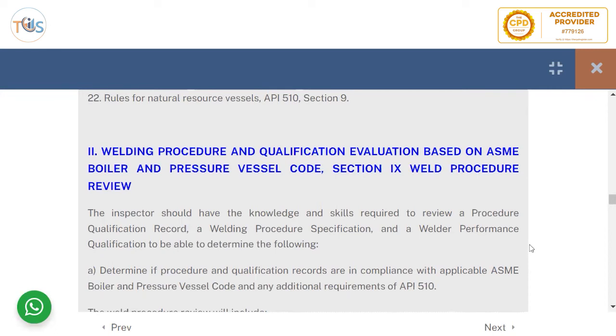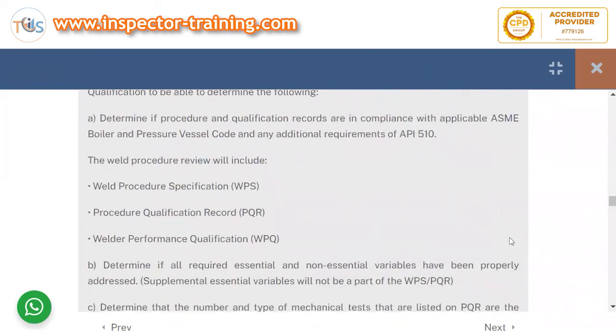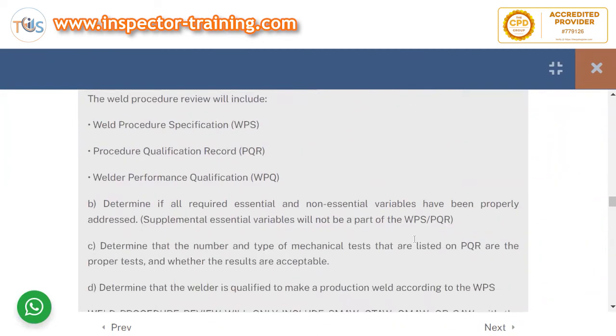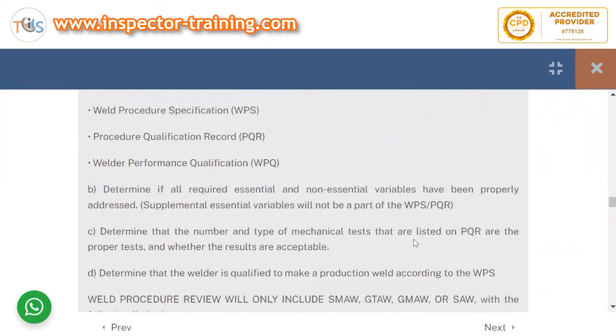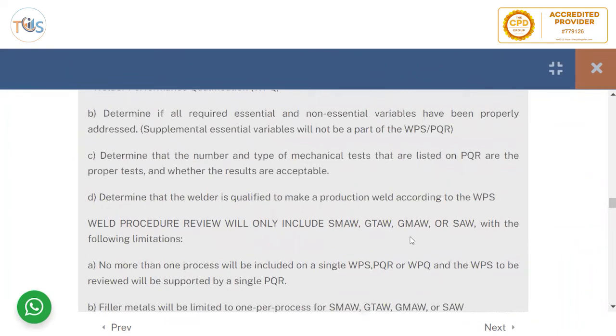Then you should know about the welding procedure and qualification evaluation, which is the WPS, PQR, WPQ, welder performance qualification, which is coming from ASME Section 9.